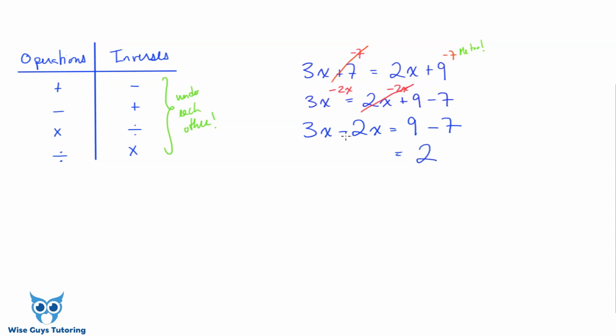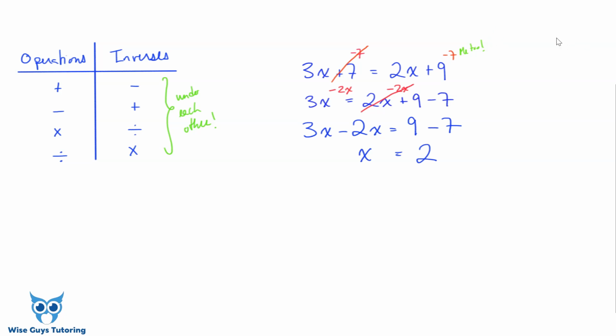When you are subtracting variables, you need to pretend they are objects. For example, 3 apples minus 2 apples equals 1 apple. So 3x minus 2x is just x. And there you go, it's already solved for us. So x equals 2.